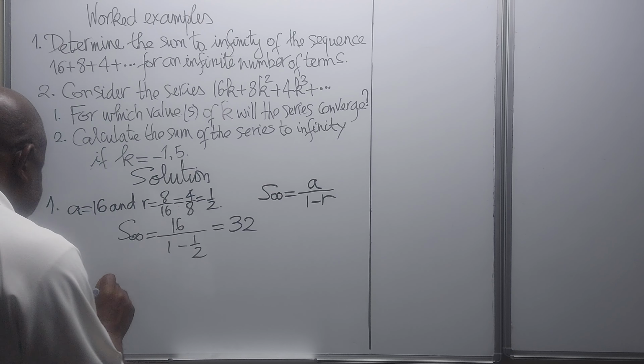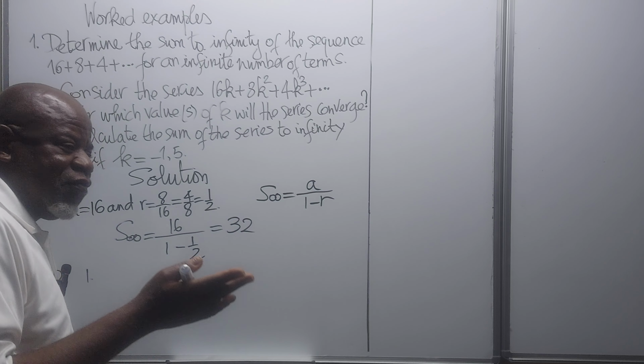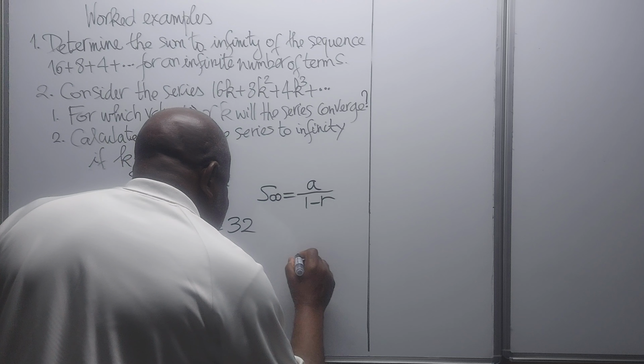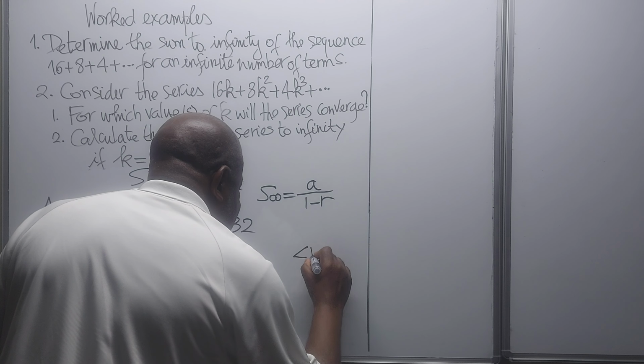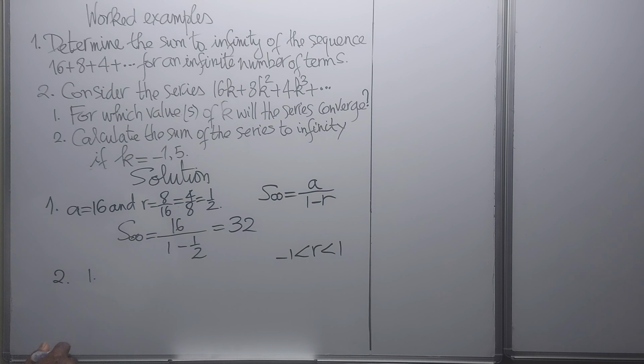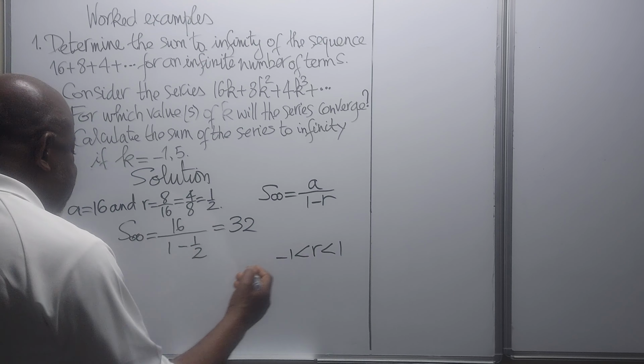So remember, we did have the proof of this sum to infinity. The condition was the common ratio must be between negative 1 and 1. So the first thing we're going to try to get here is the common ratio.